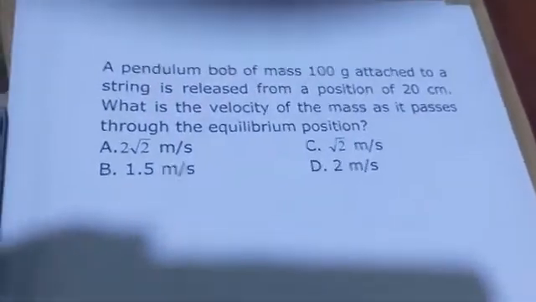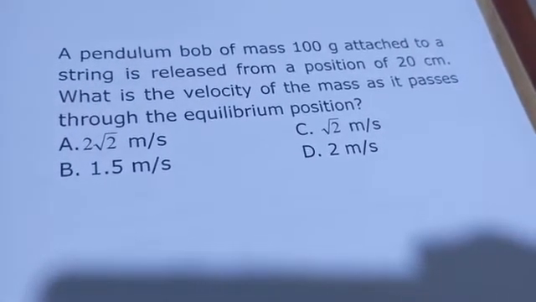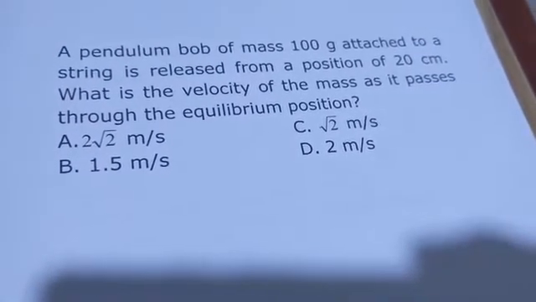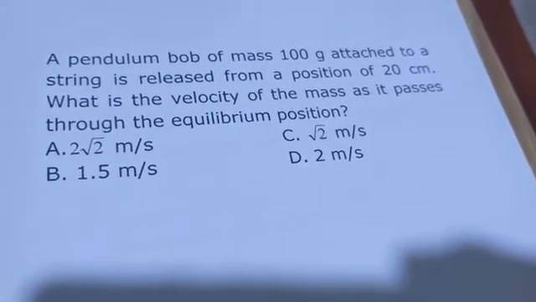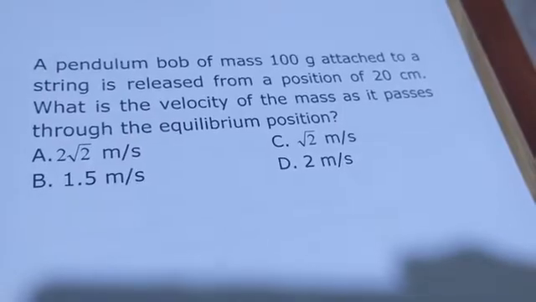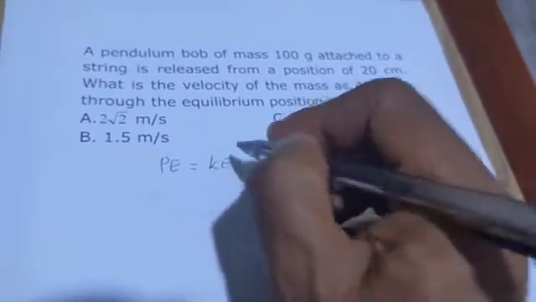A pendulum bob of mass 100 gram, attached to a string, is released from a position of 20 centimeter. What is the velocity of the mass as it passes through the equilibrium position? Here the potential energy is converted to kinetic energy.